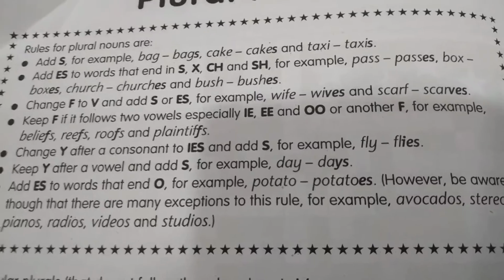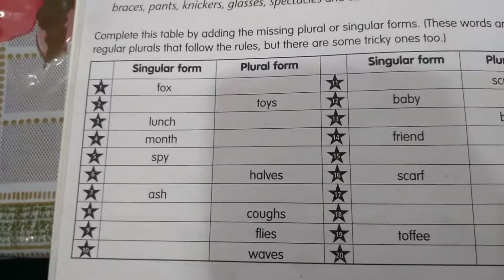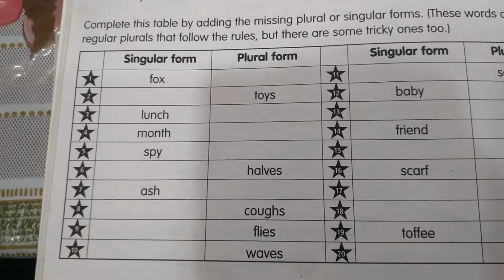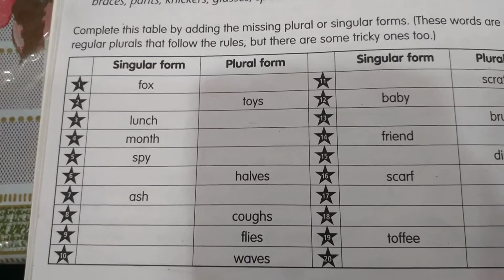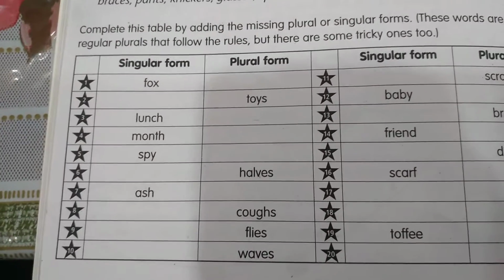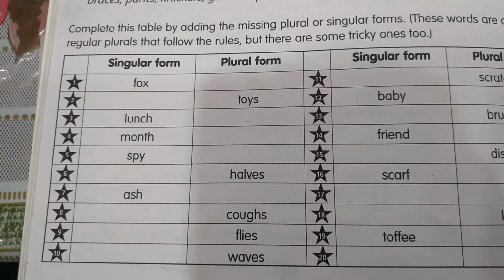And in the same way, there is a chart on page number 62, where at some places there are the singular words, and at some places there are the plural forms.